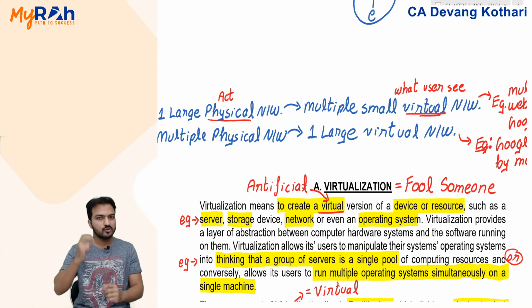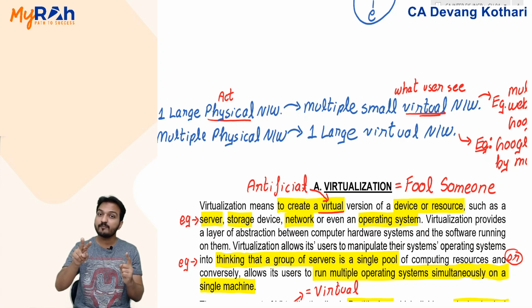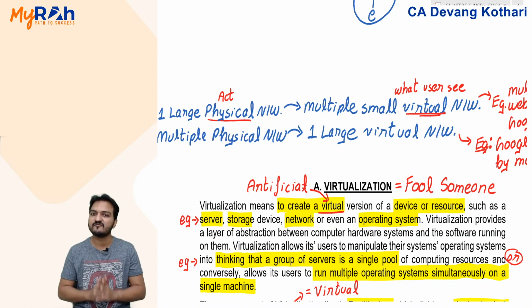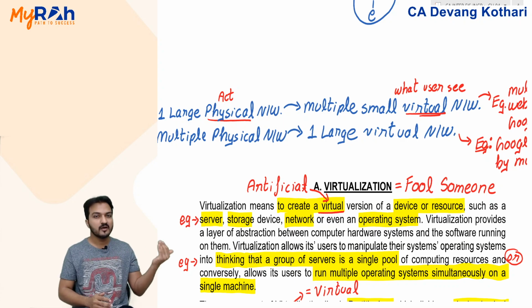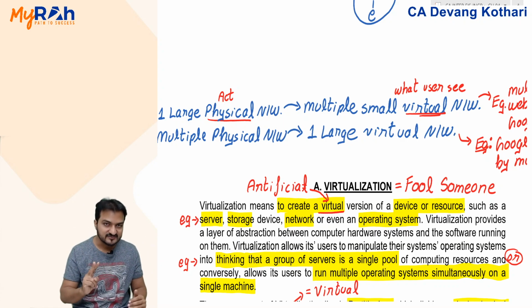Now, if there are two operating systems in one computer, both will operate the CPU and RAM. Wouldn't they fight? No, there will not be any conflict, because virtualization ensures that it will fool both operating systems.